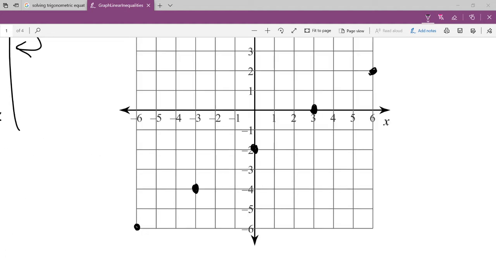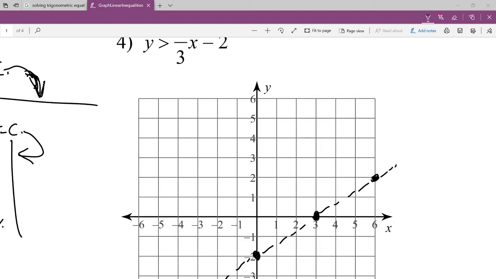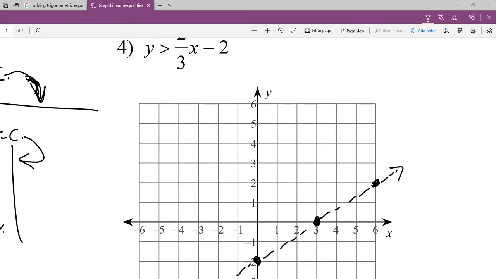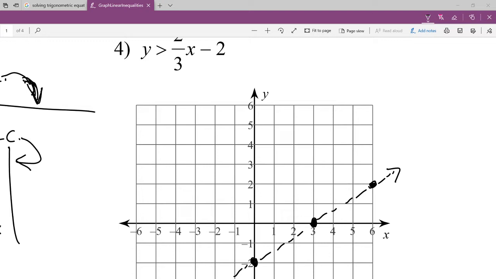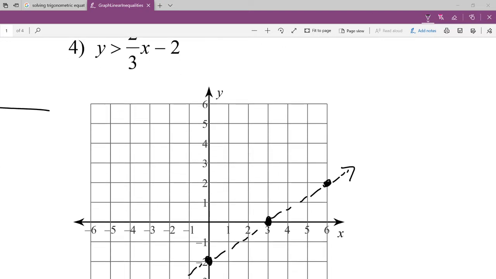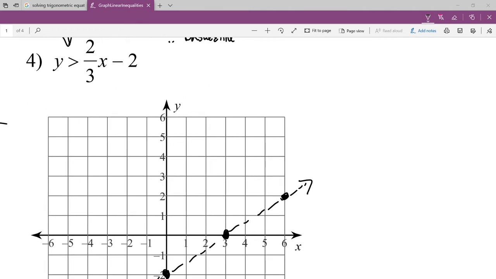So you would go ahead and do that, and then you would use a test point. Once you do that, you use a test point that is above and below this line, to see where it's true, so that you would shade that area.